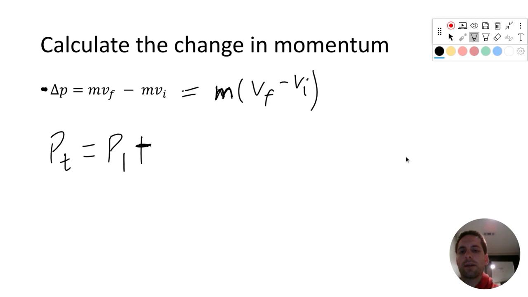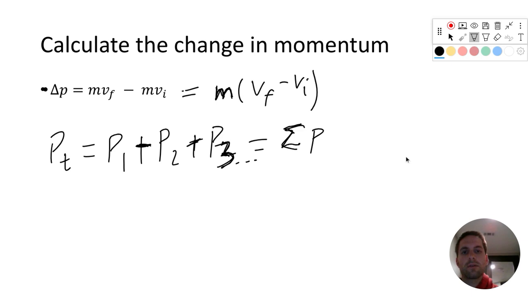These can be separate masses because we can add them up. You might also see this as many momentums as you want, with this weird Greek letter. This is a sigma, which means sum.